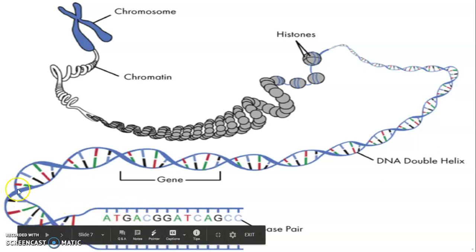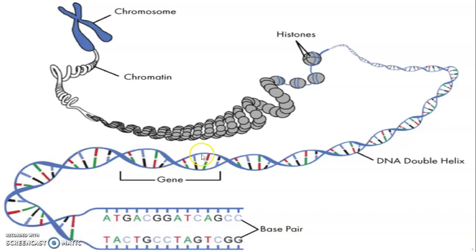This blue colored double helical structure is DNA. DNA along with the proteins, histones, forms what is called chromatin. This chromatin undergoes coiling and condensation, and forms the structure called chromosome.